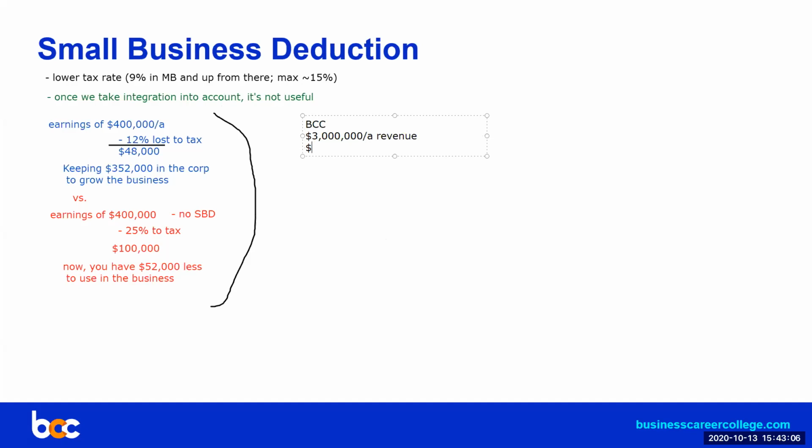And let's say we have $2,200,000 of expenses. And so we've got $800,000 of net income, which means $500,000 taxed at the low rate. And $300,000 taxed at the high rate. Okay, everybody's good there?